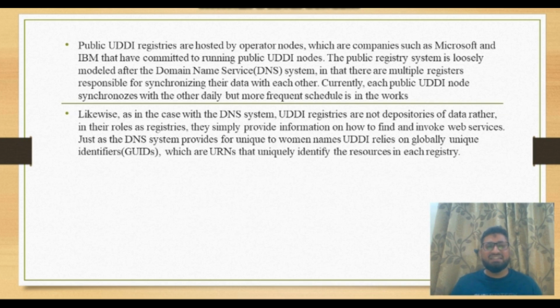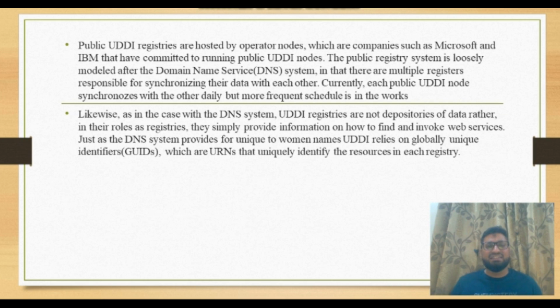Likewise, as in the case with the DNS system, UDDI registries are not repositories of data, rather in their roles as registries, they simply provide information on how to find and invoke web services.